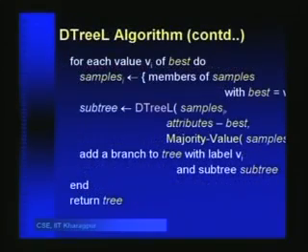Then after this, I would like to quickly add a little bit of analysis on a very important question. The question that we want to answer here is, for the decision tree to be properly learned, how many examples do we need?